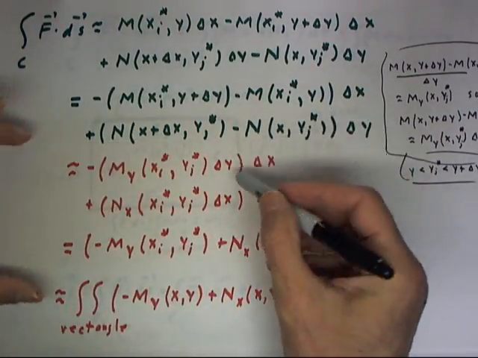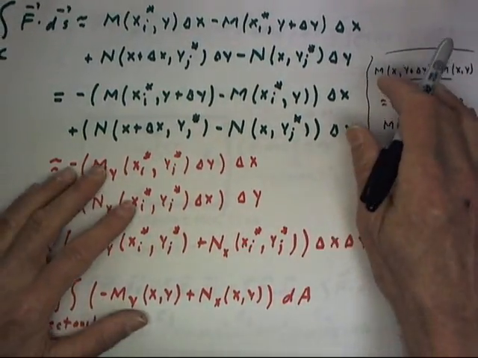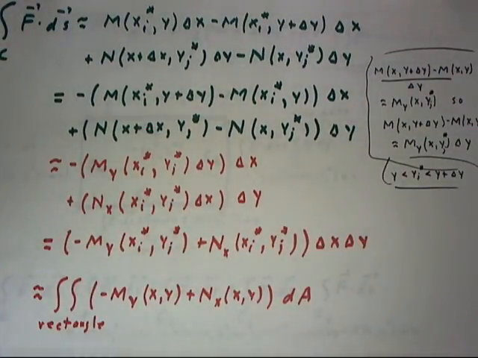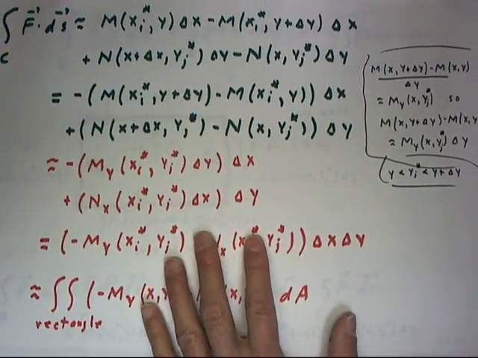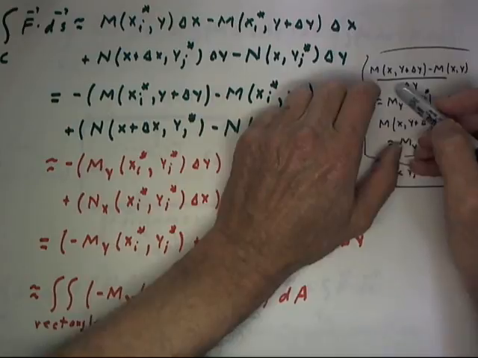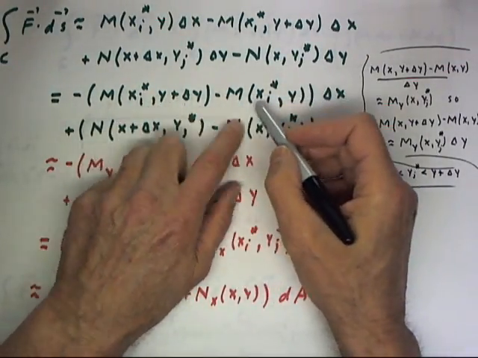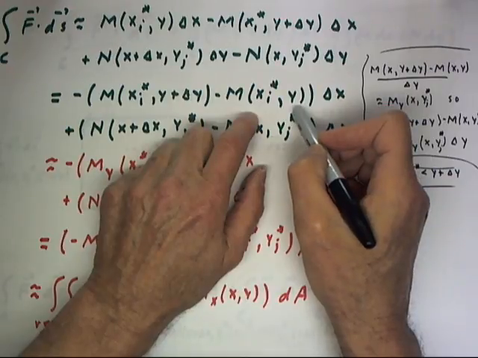Now the payoff to this argument is down here in red letters, but first we want to digress to this observation. Make sure everything's on the screen. Okay, so we see m of xi star y plus delta y minus m of xi star y.